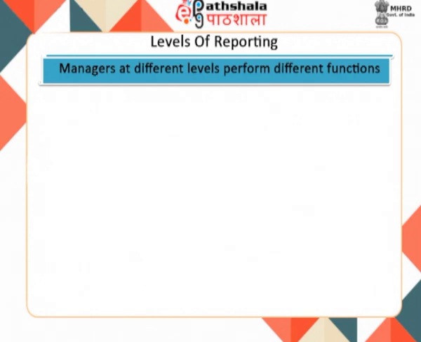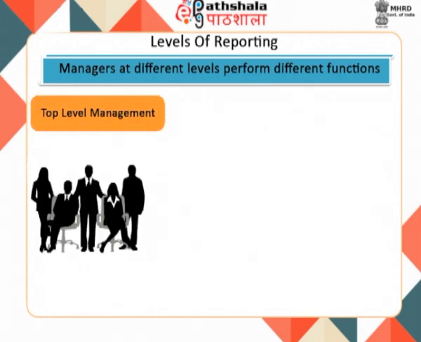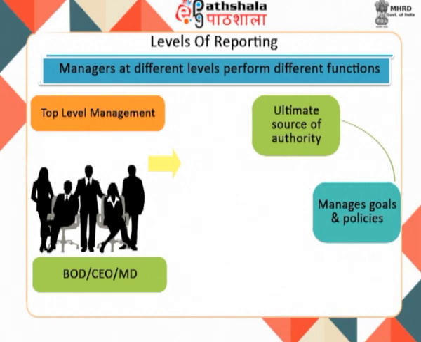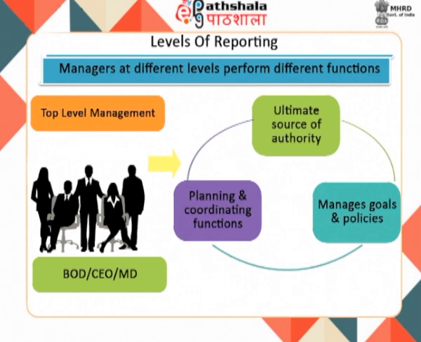For example, the top level management, which consists of board of directors, chief executive, or managing director, is the ultimate source of authority and it manages goals and policies for an enterprise. It devotes more time on planning and coordinating functions.